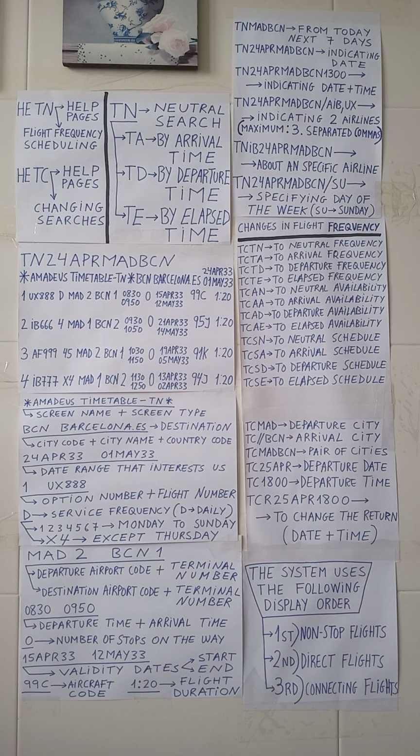It is important to understand the difference between 24 APR 33 01 May 33 and 15 APR 33 12 May 33. Okay, I'm going to speak about the difference between this and this.